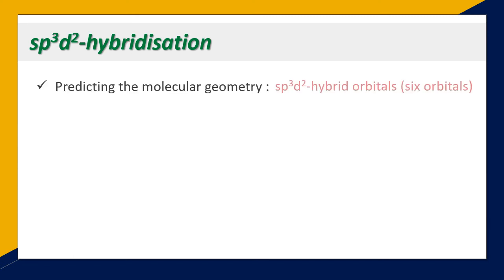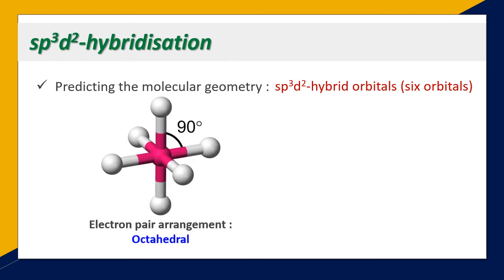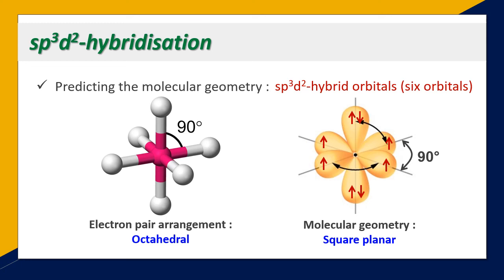To determine the molecular geometry of the molecule, we can consider the repulsion of the 6 sp³d² hybrid orbitals. All the orbitals are arranged in an octahedral shape. Since 2 of the orbitals are accommodated by 2 lone pairs, the molecular geometry obtained is square planar.